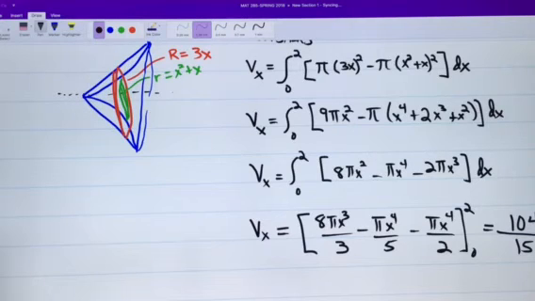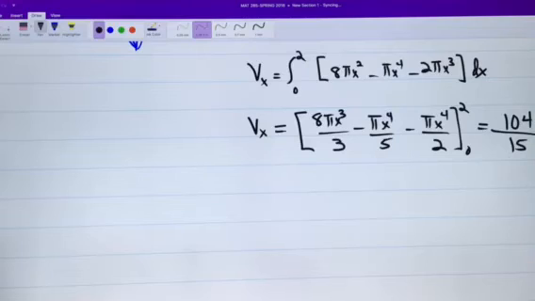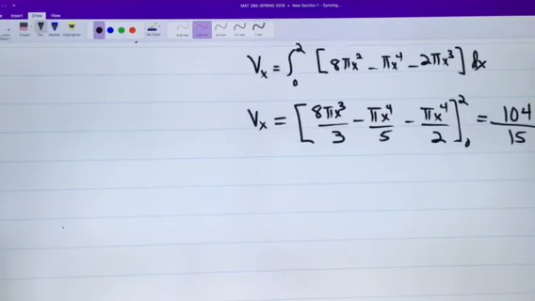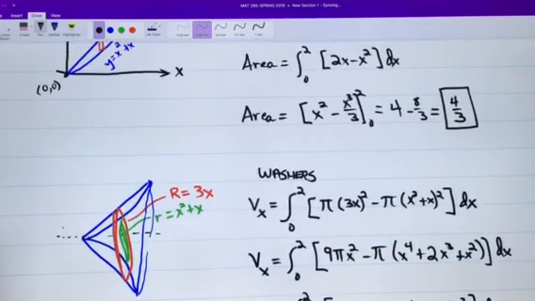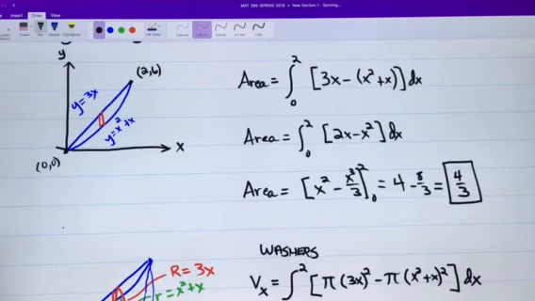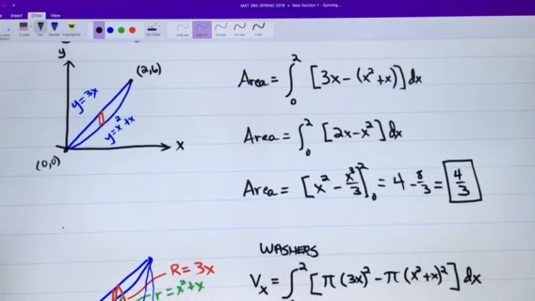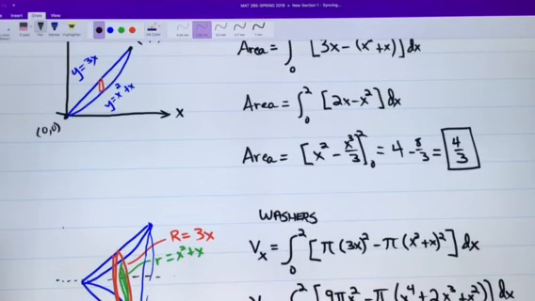Now, for the volume of the solid generated about the y-axis, I can once again utilize the method of shells.